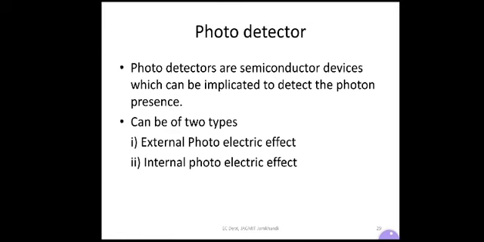The spectral response is the response of a photodetector as a function of photon frequency. And the last one is the response time. Response time is the time needed for the photodetector to go from 10% to 90% of the final output.